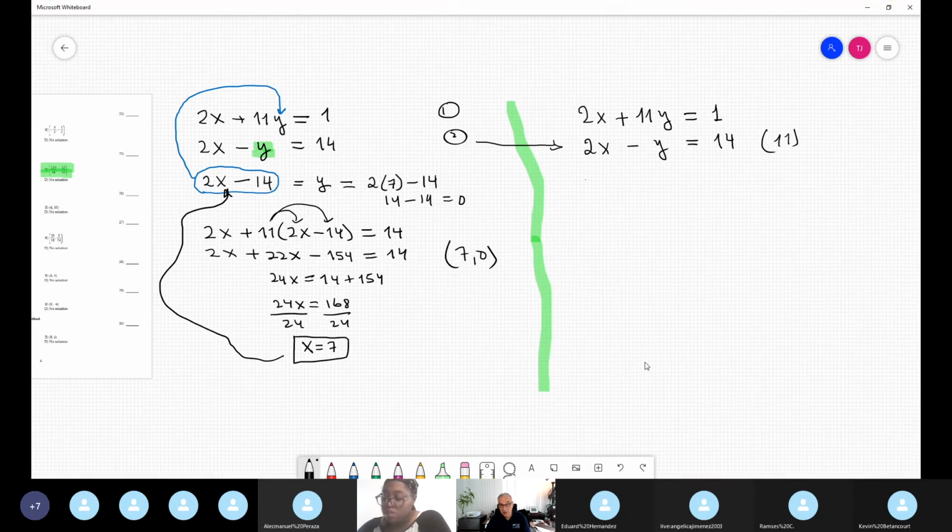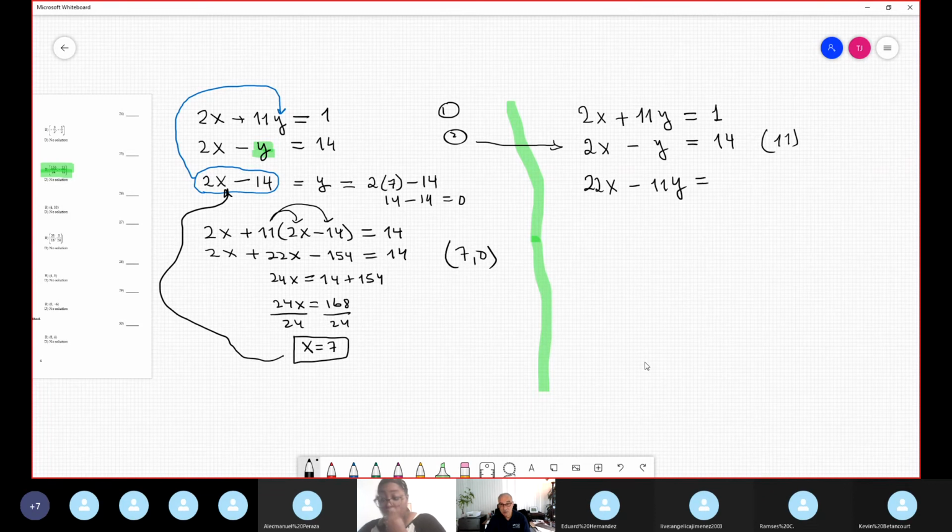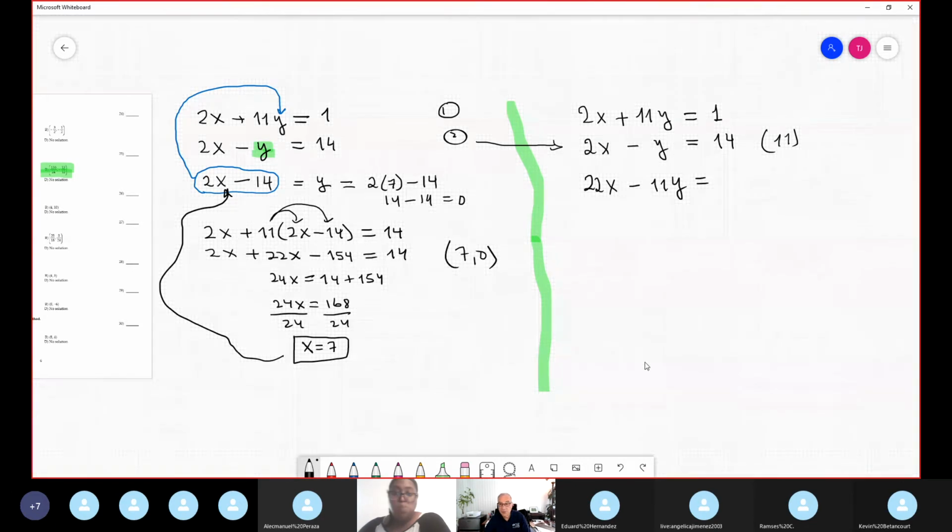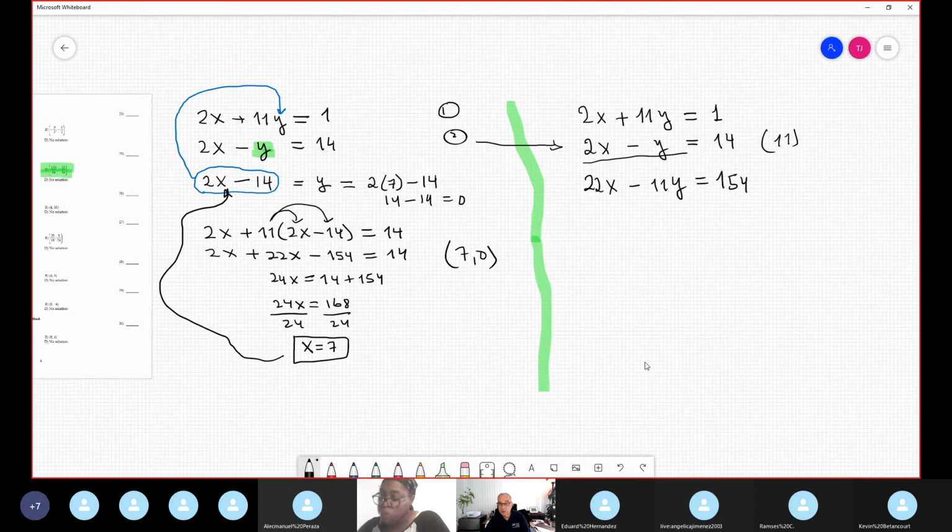11, so 22x minus 11y is equal to 14 times 11, no? Okay, I did before, 154. Okay, now we convert this equation to this equation. And you're ready? You adding this and this together is 24x. 22 plus 2, this cancels out. This is called elimination.